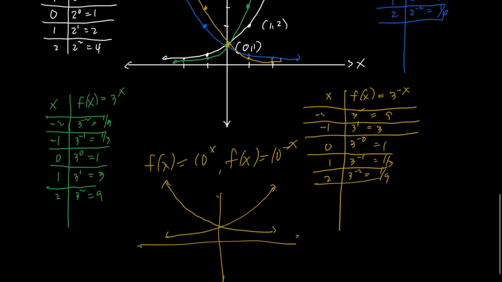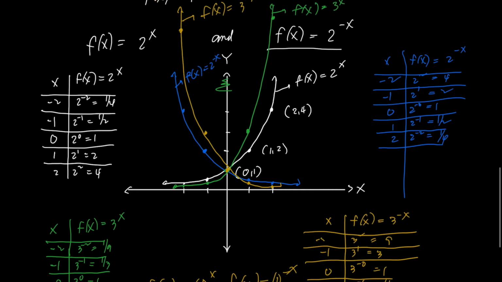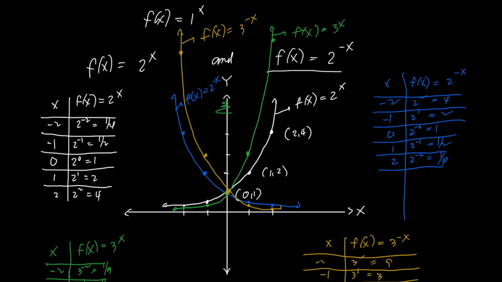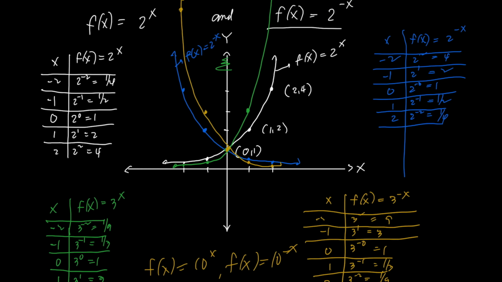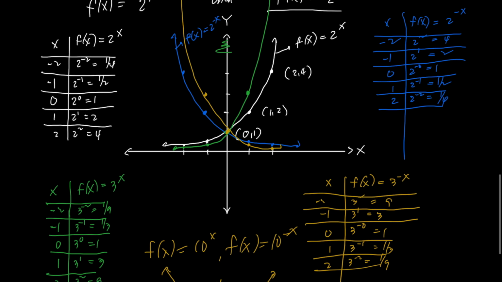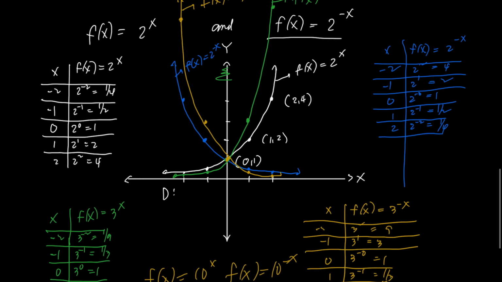Now, what can we observe about these graphs or about the behavior of the graphs of exponential functions? Before we proceed to observation or properties of exponential functions, let's find first the domain of these graphs. So what is the domain of this graph?